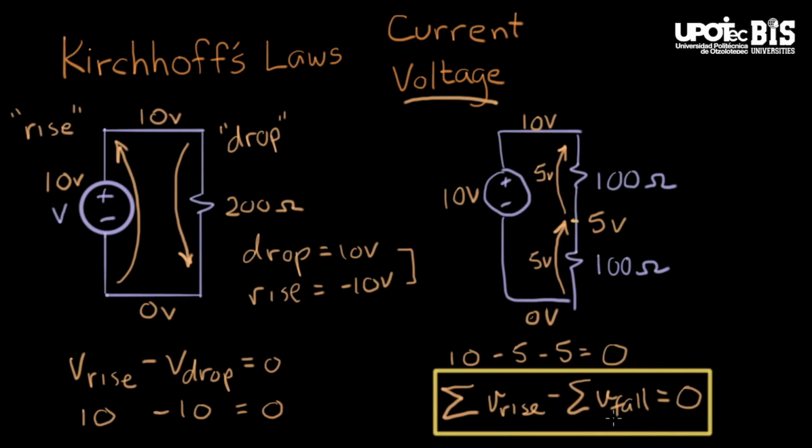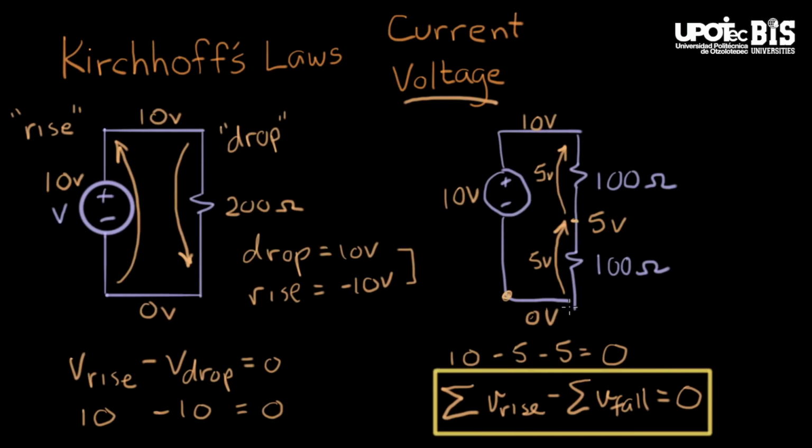There's a more compact way to write this that I like better, and that is we start at any corner of the circuit. Let's say we start here. We're going to go up 10 volts, down 5 volts, and down 5 volts.